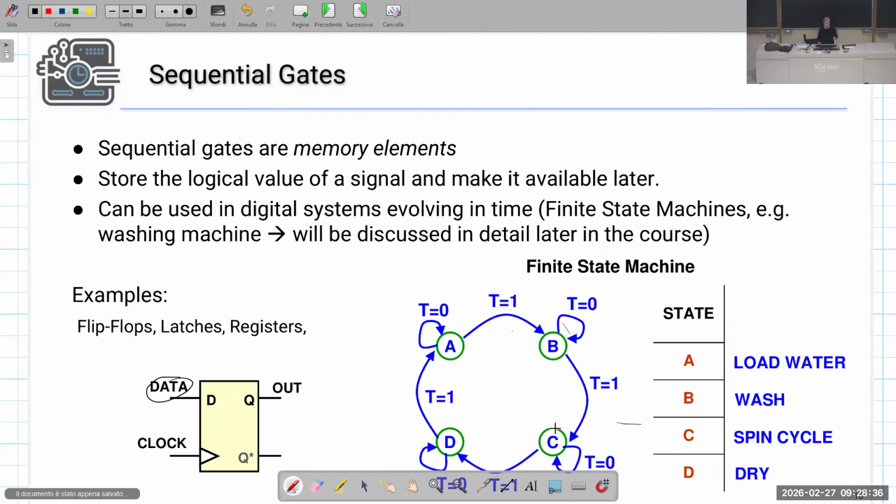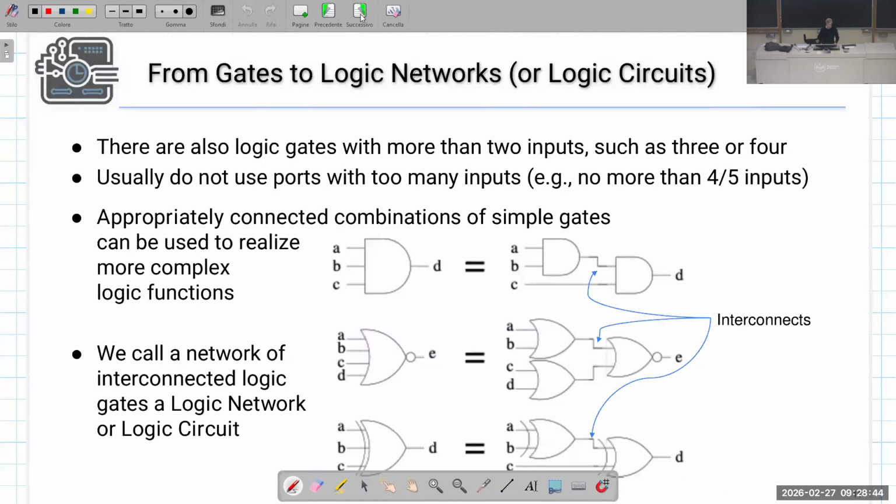Is that clear? Now, if there are no questions or doubts, let's conclude this part. When we want to implement more and more complex functionality, clearly we can use these basic building blocks.